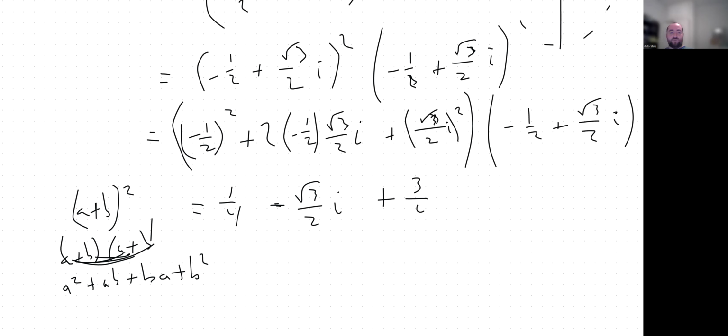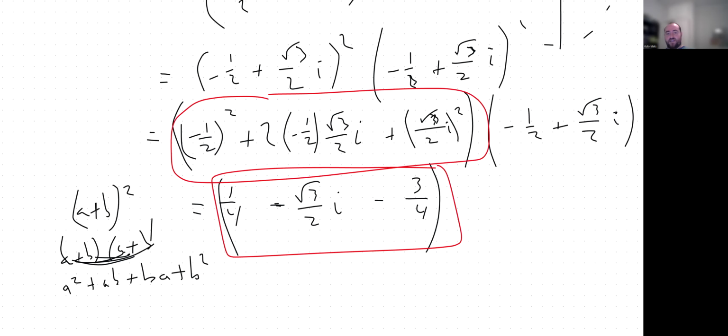So this is actually minus 3/4 right here. That's this part, okay? And then we need to multiply that by negative 1/2 plus square root 3 over 2i.